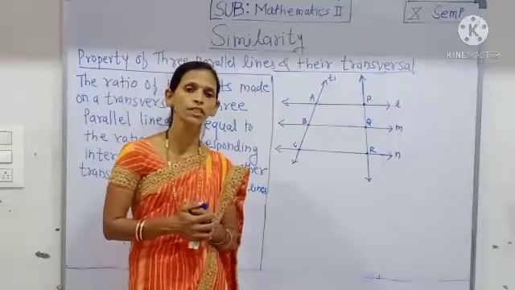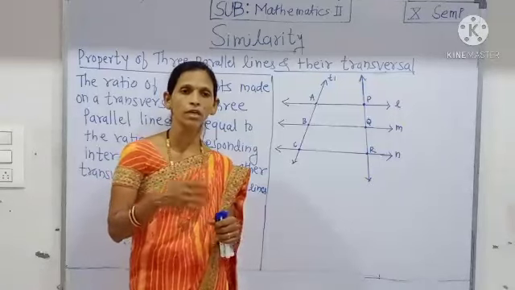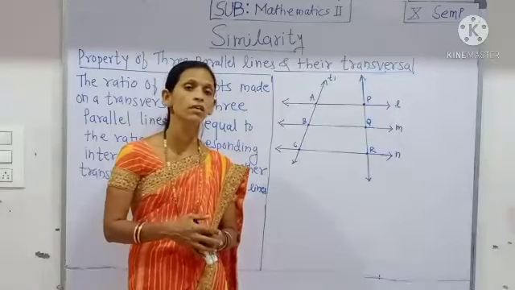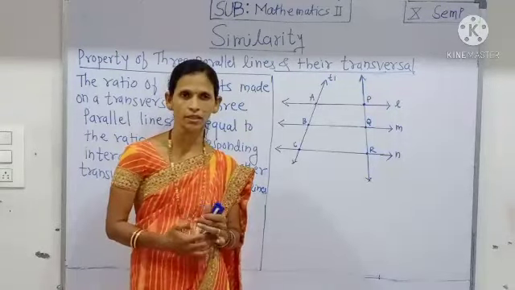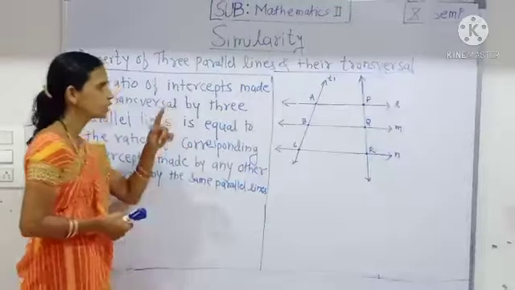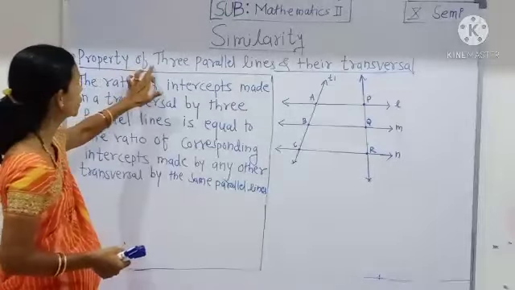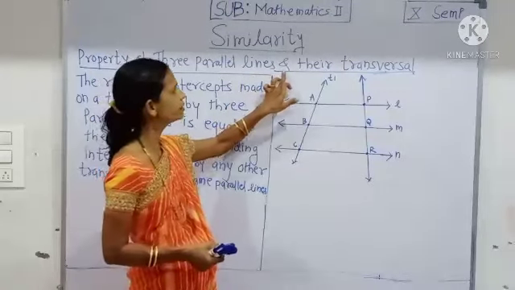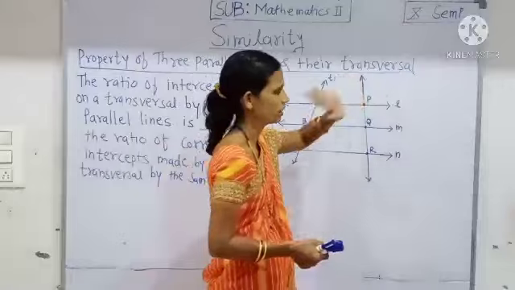Then there is one more property based on the BPT theorem, that is the basic proportionality theorem. That theorem is used in different concepts of geometry, and therefore we will study one more property, which is related to three parallel lines and their transversals.